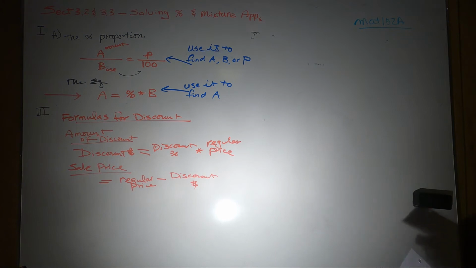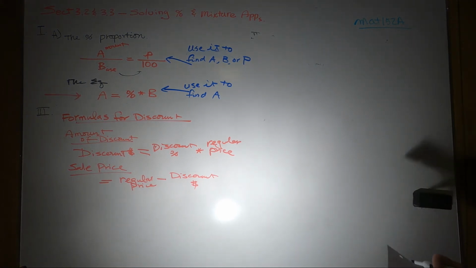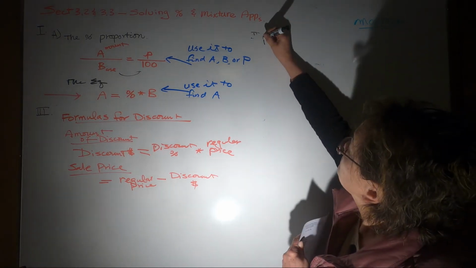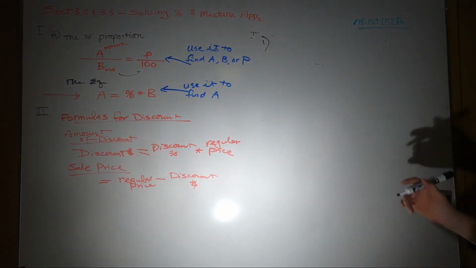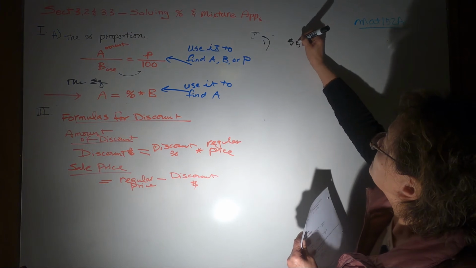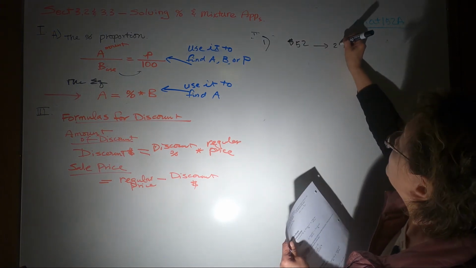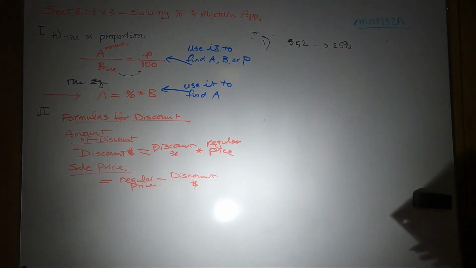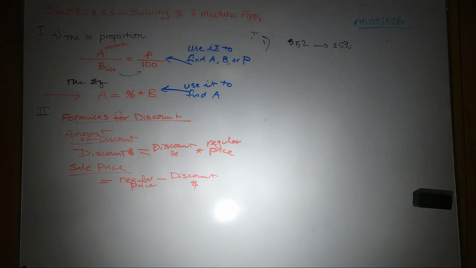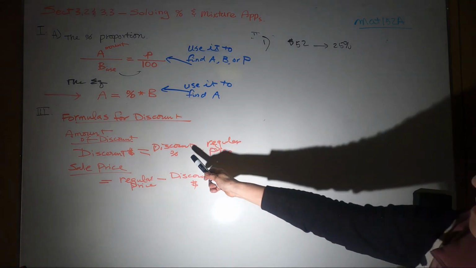So for the $52 item, you get 25% off. How much discount can you get?